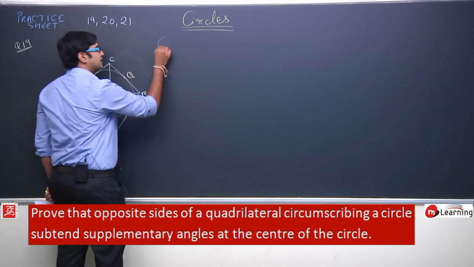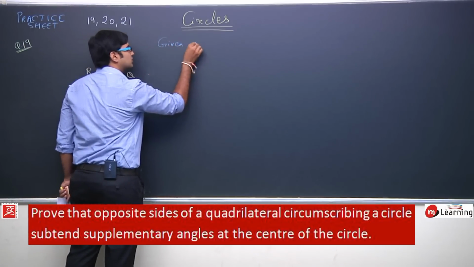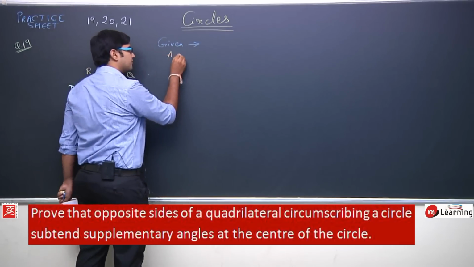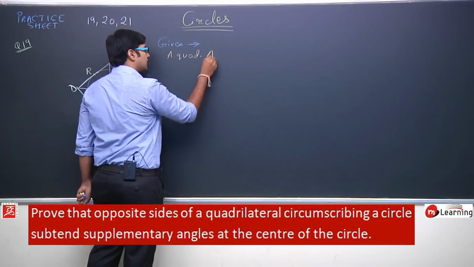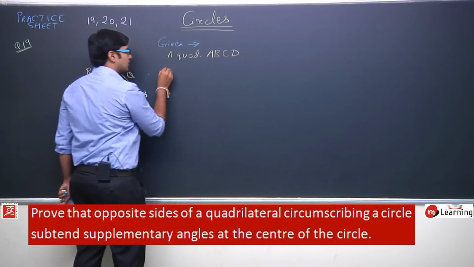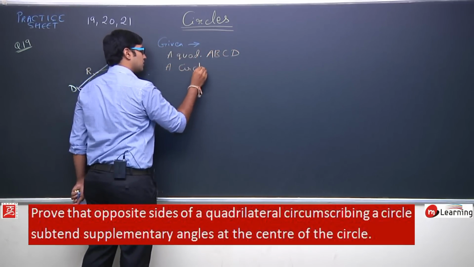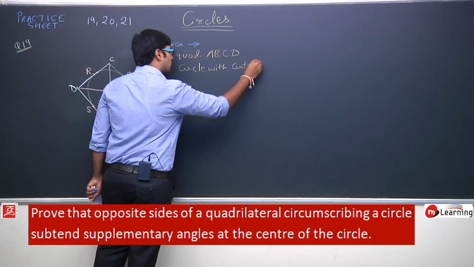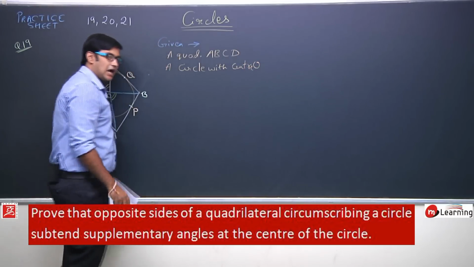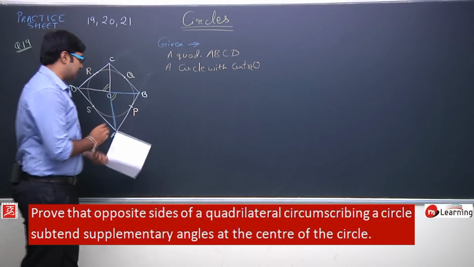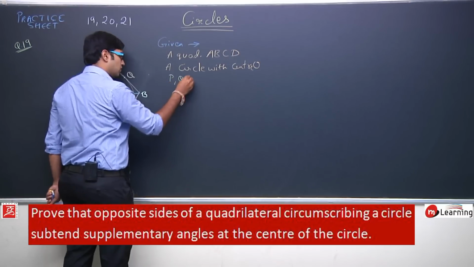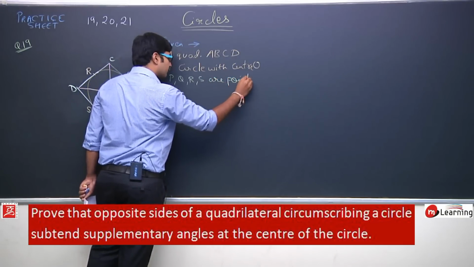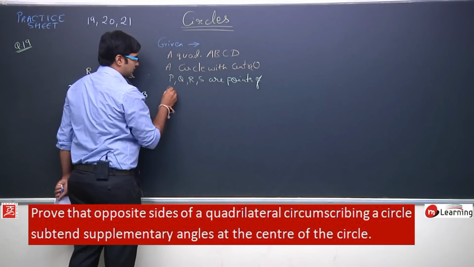First let us write the given conditions, as we have done in each and every question of circles. The given conditions are a quadrilateral ABCD, a circle with center O, and the most important thing, P, Q, R, S are points of contact.